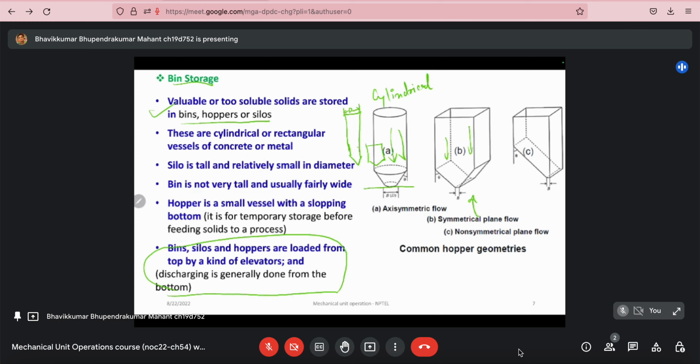But sometimes if you are not following the symmetry, there are options with no symmetrical plane. All have their own advantages and disadvantages according to our use and application, and we can choose any of them.